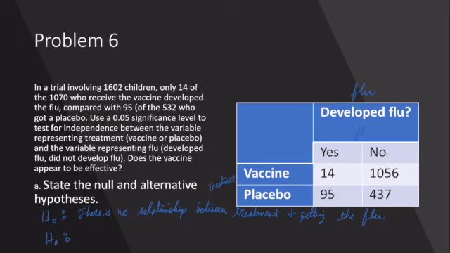Our alternate hypothesis is that there is a relationship between treatment and getting the flu. And because we're looking at comparing two different variables here, we've got our lovely contingency table. We're going to be calculating a chi-squared statistic.